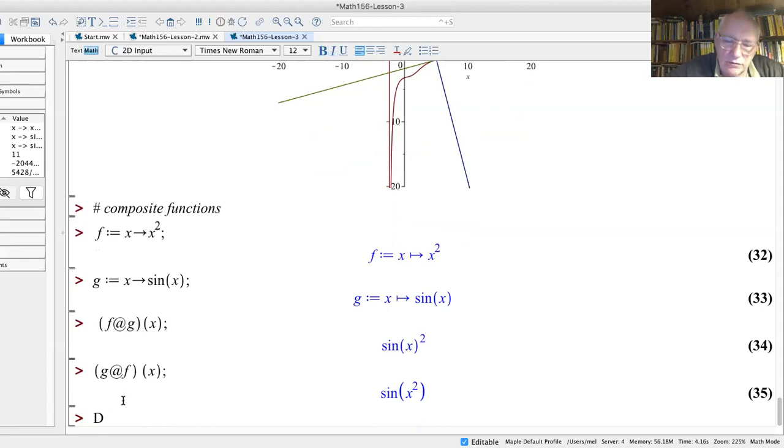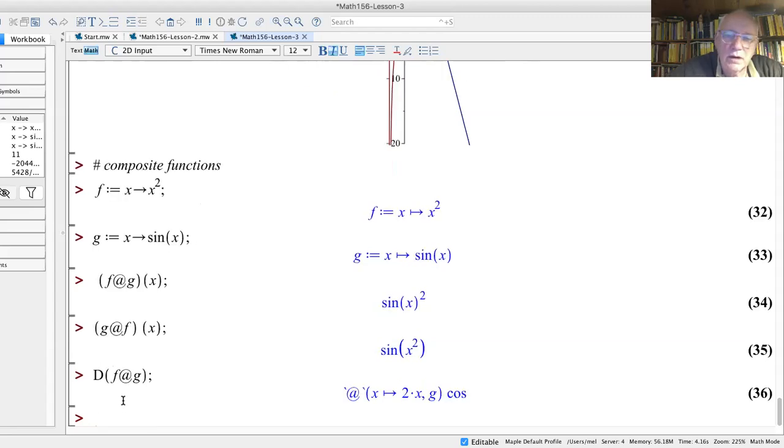So if you want to take the derivative of f composed with g, let me evaluate it at x, it's easier to see. So you should know from the chain rule, when you differentiate sine of x squared, you get 2 sine x cosine x.